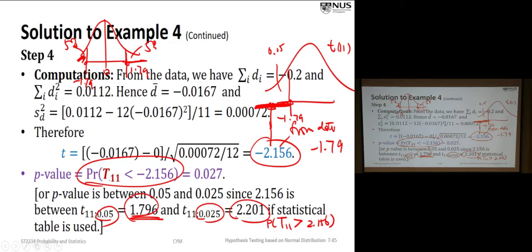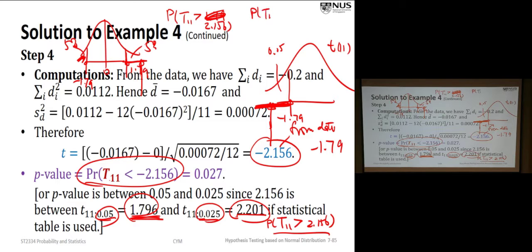All right, what I want to say is that now I know it's between 5% and 2.5%. So let me repeat again. What I know is that the p-value, I don't know the exact answer, but it must be less than 5%. Am I right? So what's the probability? Let me write it like this: T11 bigger than 1.79, and T11 bigger than 2.156.